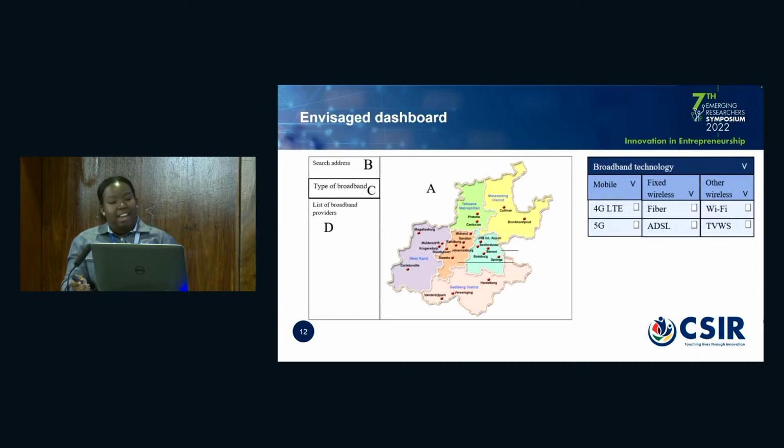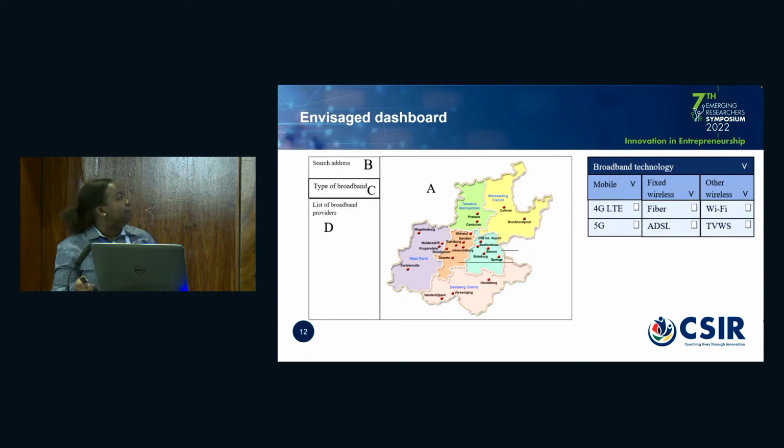So this is the envisaged dashboard. As we can see in block A, we will have the map displayed, and then in block B, that is where the user will search for their address. So we identified a business user and a private user.